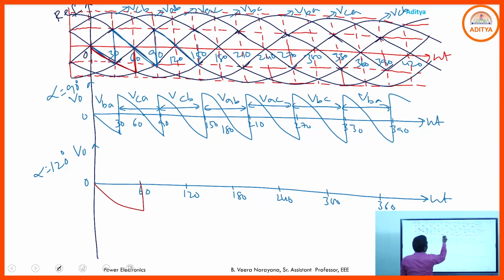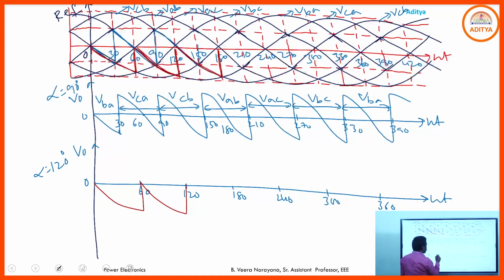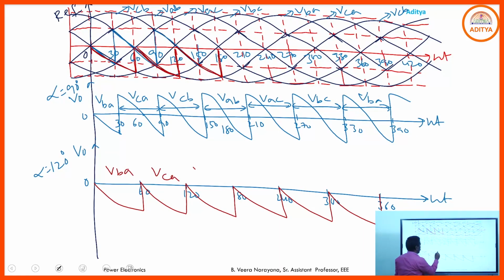Where is the VCA line? This one. You follow the VCA here, 60 to 120, this portion. This 120 to 180 is the VCB line, this one. So 120 to 180 you just follow the VCB. Next VCA, VAB, VAC, VBC. So here it is VBA, VCA, VCB, VAB, AC, BC, and next VBA.